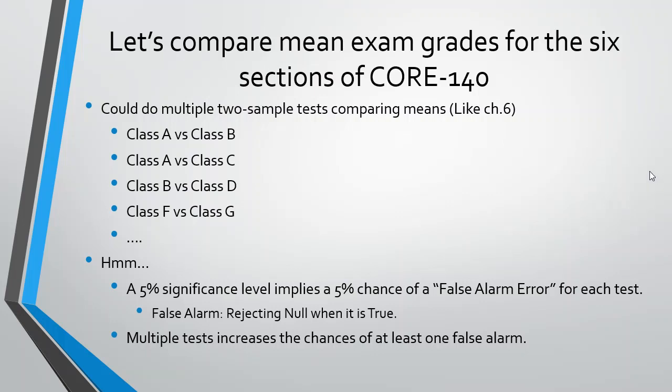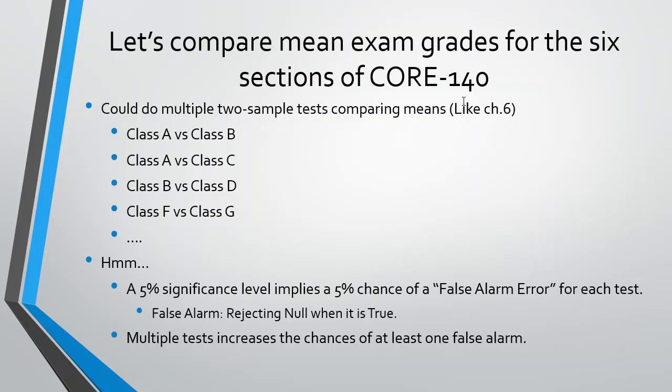All right, so maybe you've got Core 140 and there are 6 sections, and you want to compare the mean exam grades for the 6 sections. Well, there are a lot of different ones to compare. You could compare Class A and B, or A and C, or B and D, or F and G, or B and E. There are actually probably like 20 to 24 different pairwise comparisons.